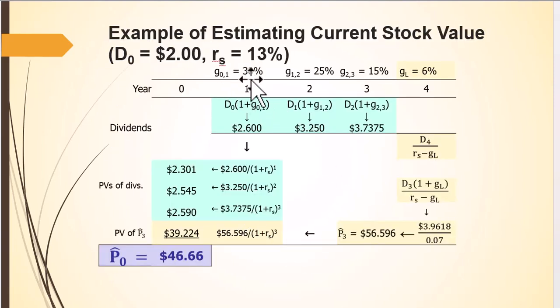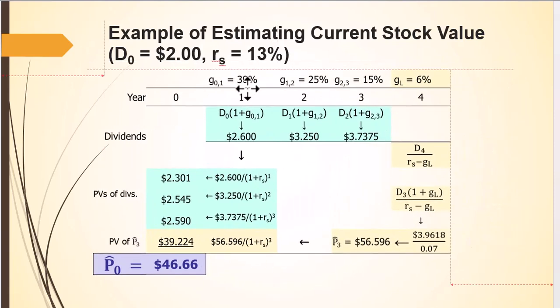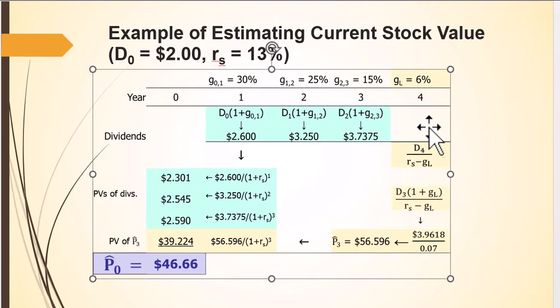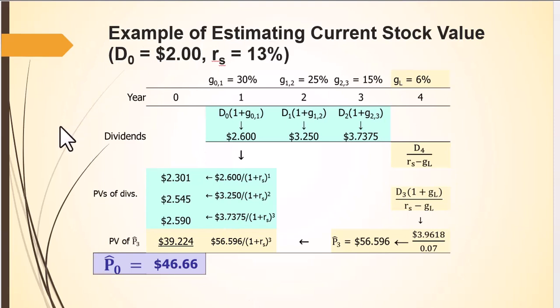So here we have the growth level, 30%. Growth is 30, 25, 15, 6% thereafter. We say that the stock currently starts at $2. The required return on the investment is 13%.